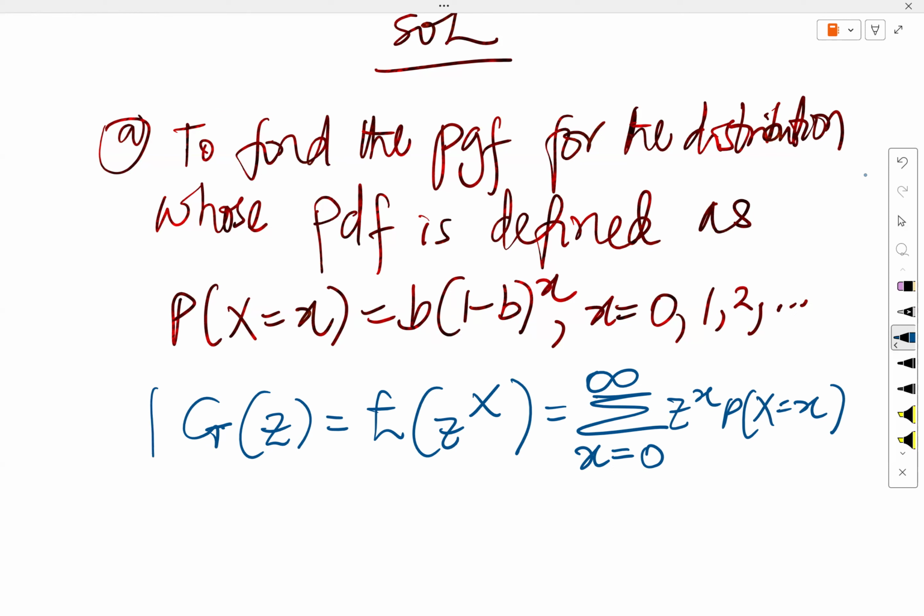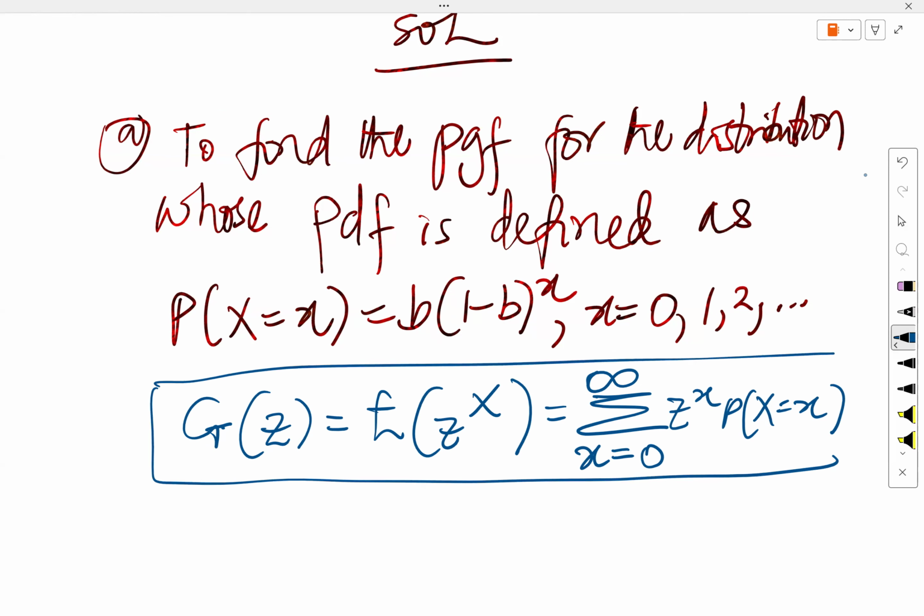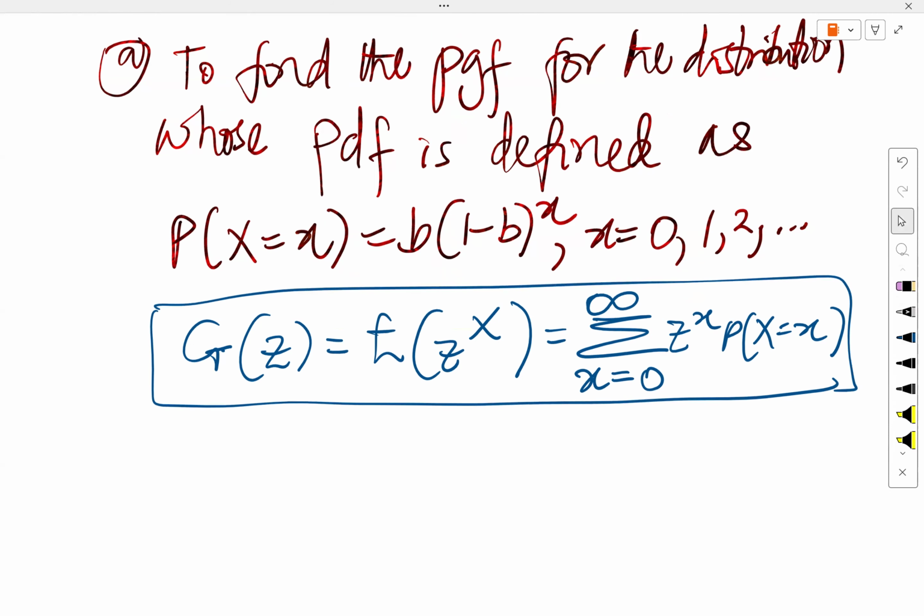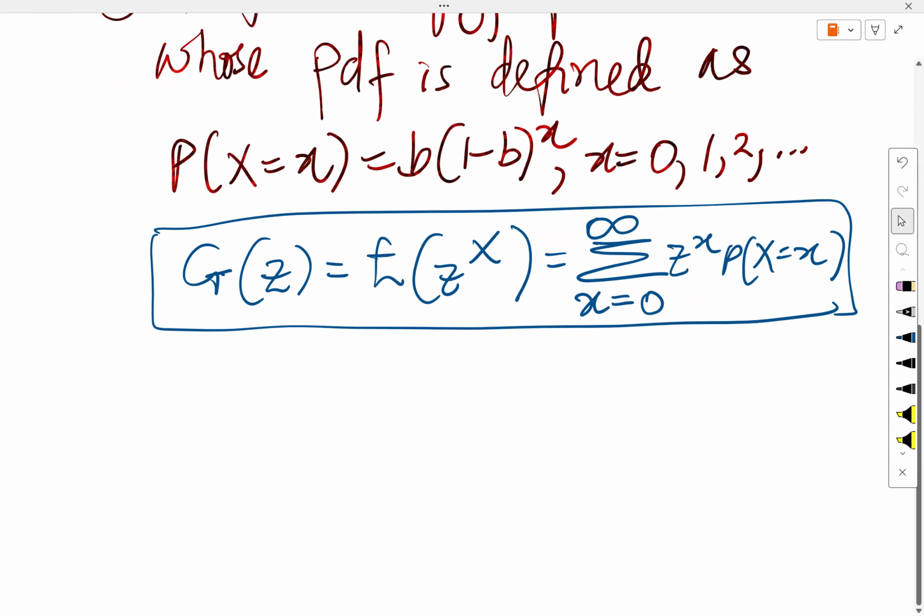So this is the definition of the probability generating function.